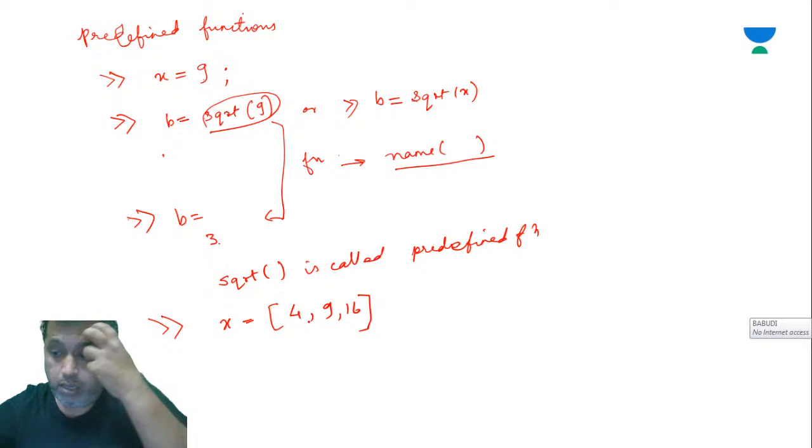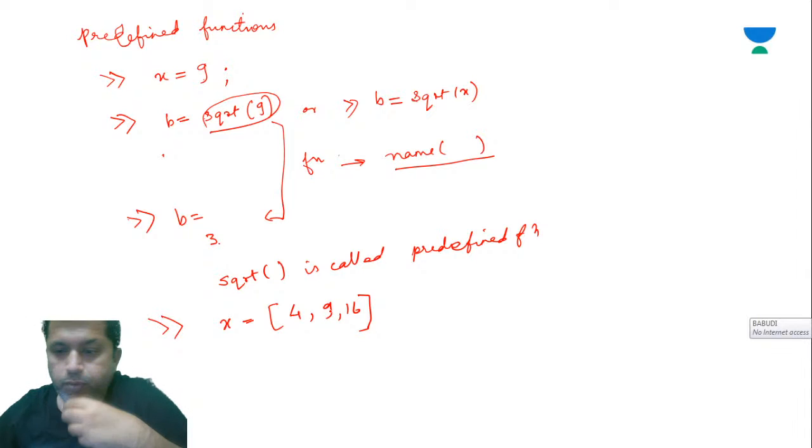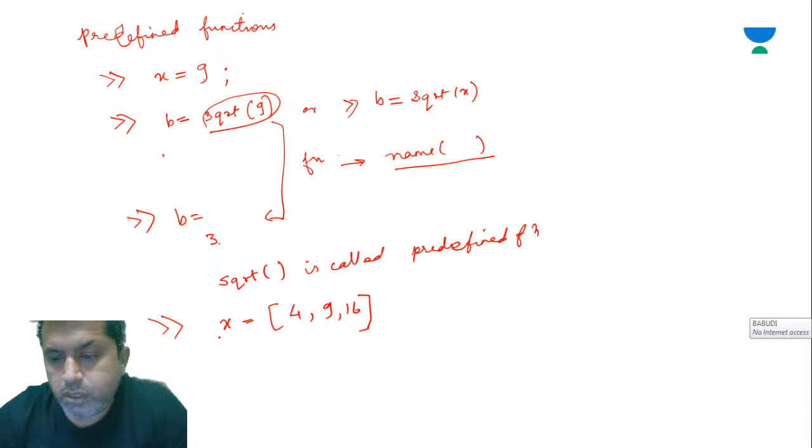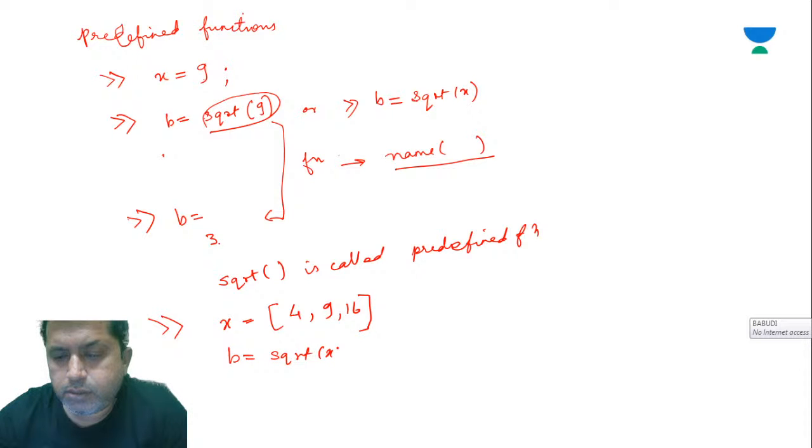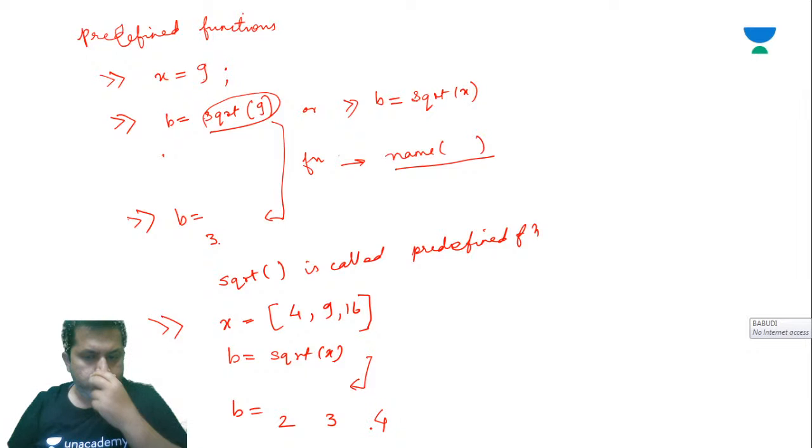Comma. So if I want to write b is equal to sqrt(x), it will take the square root of each and every element. So if I press enter, I will get b is equal to 2 3 4.